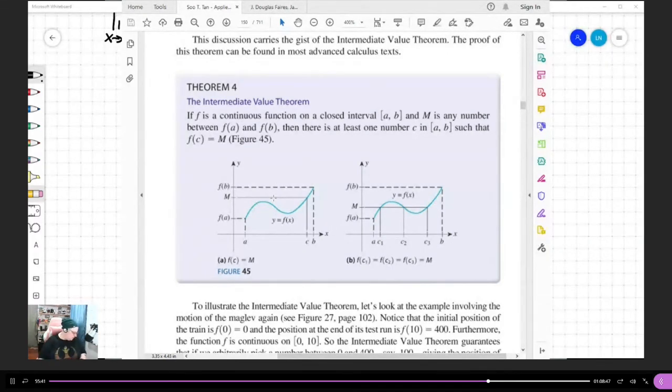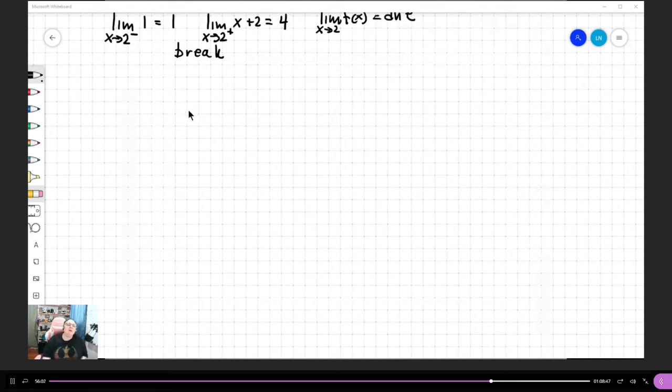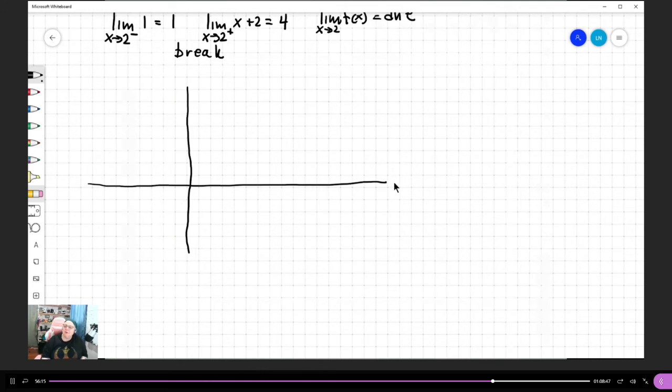Now that may seem in and of itself to be kind of an odd thing to think about, but let's think about it in a more specific way. If instead of an arbitrary value I am specifically interested in finding a zero, a root, I can use the x-axis, y equals 0 here.